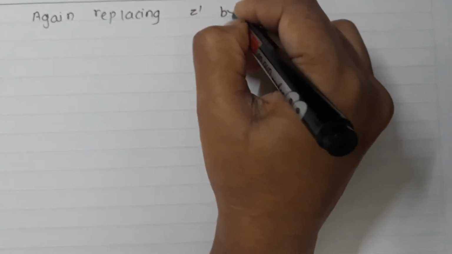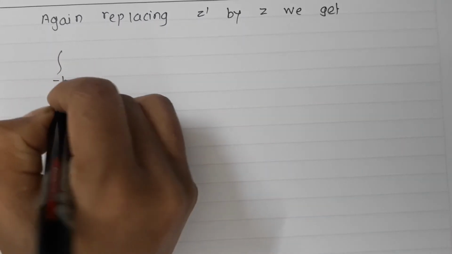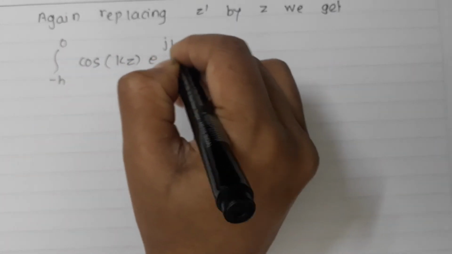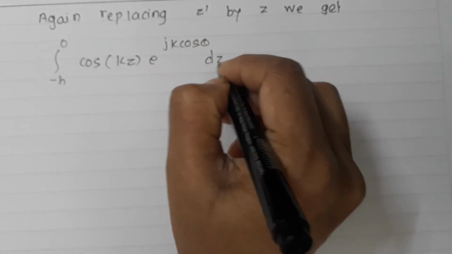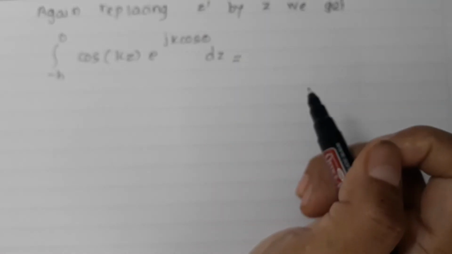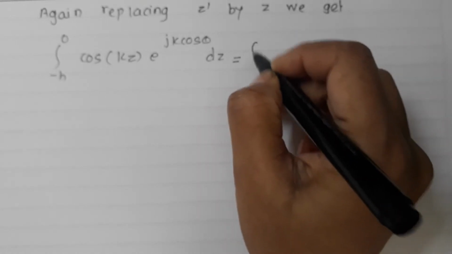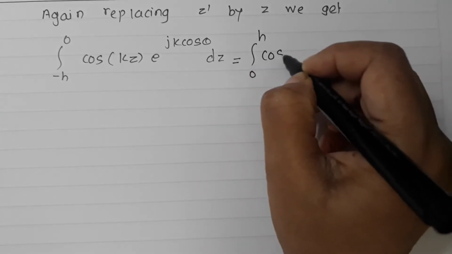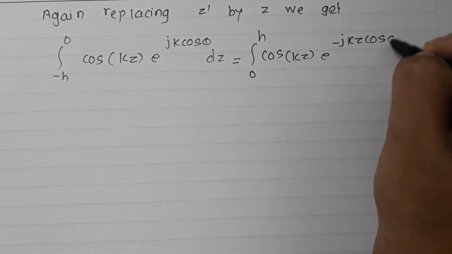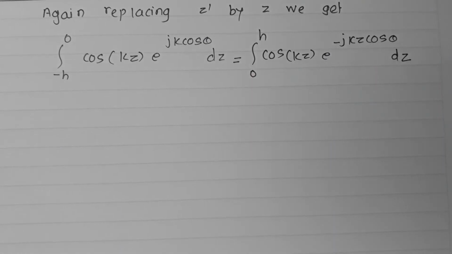If I replace z dash with z, I'll get the integral from minus h to 0 of cos of kz e raised to jkz cos theta dz, which will be equal to the integral from 0 to h of cos of kz e raised to minus jkz cos theta dz. So here I have written the equation.